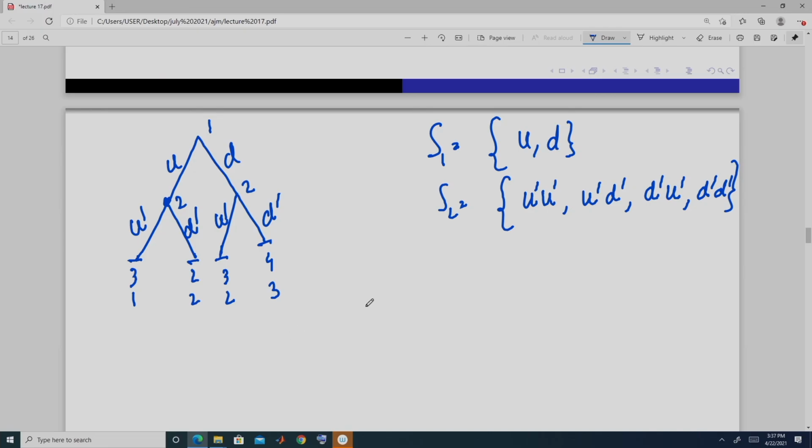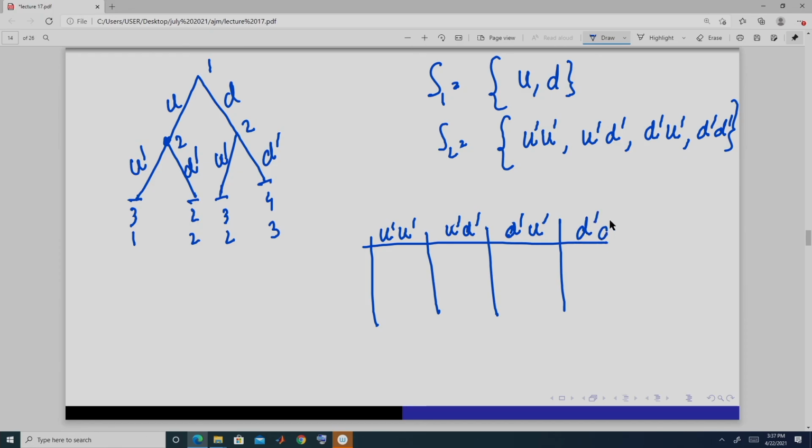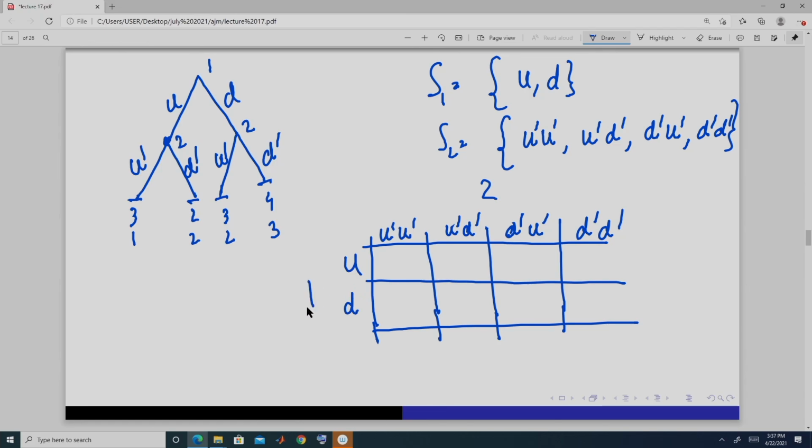Now, the normal form game can be written with columns U'U', U'D', D'U', D'D' for player 2, and rows U and D for player 1.